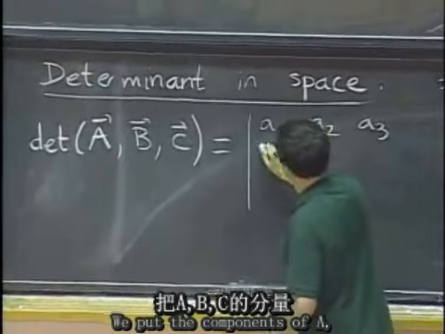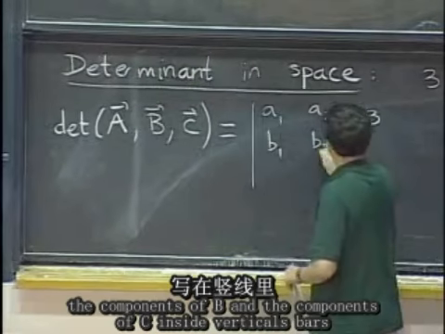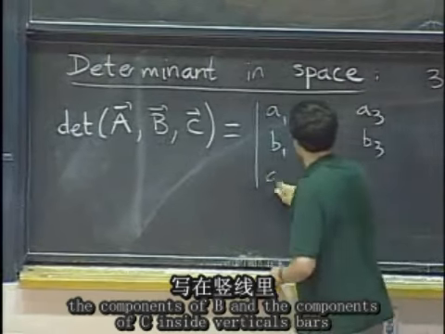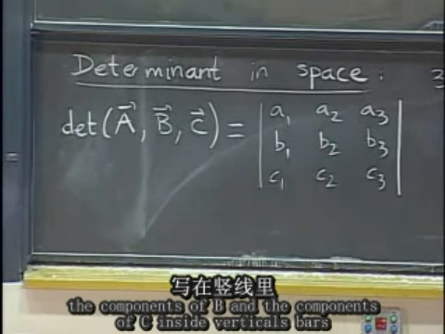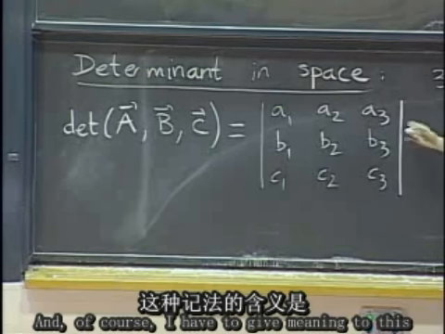We put the components of A, the components of B, and the components of C inside vertical bars. Okay? And of course, I have to give a meaning to this.